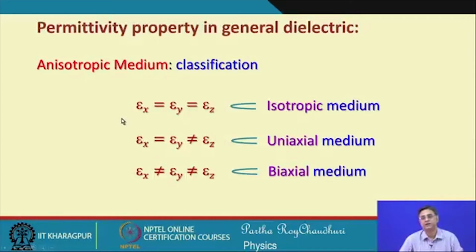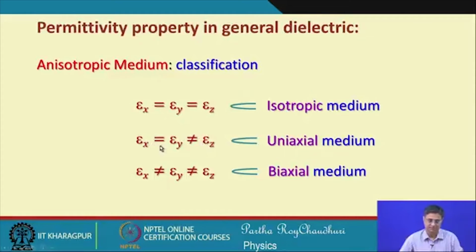So, the displacement vector will follow the direction of the electric field, which is an isotropic medium. But there is another situation where two of them may be equal, but not equal to the third one. For example, epsilon x is equal to epsilon y, but not equal to epsilon z.